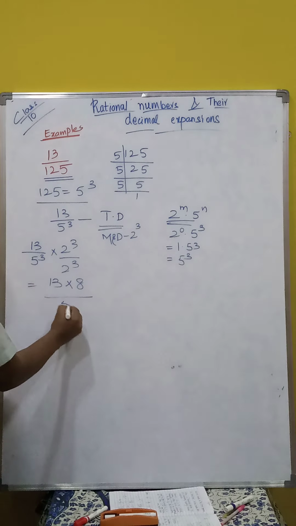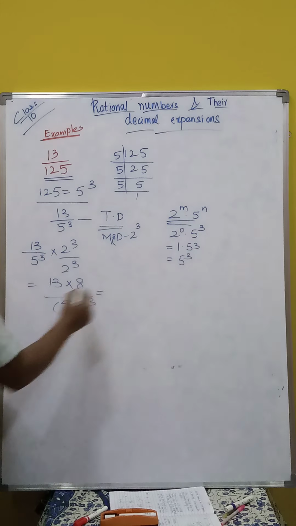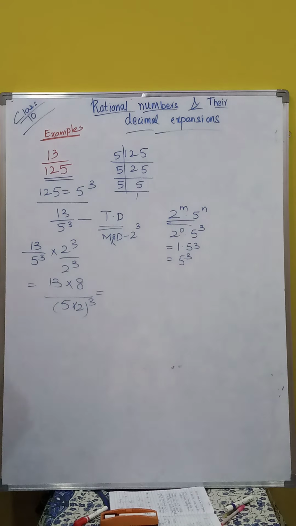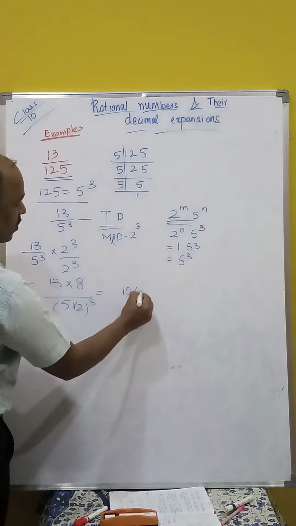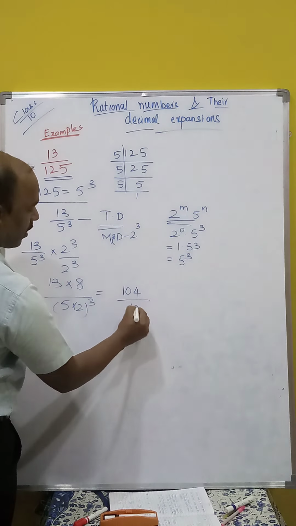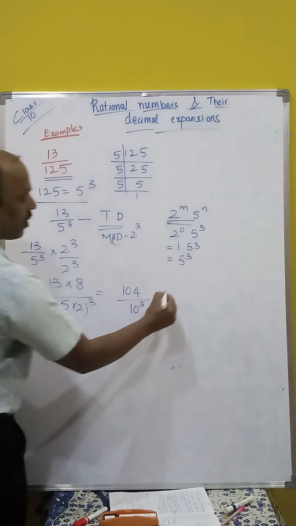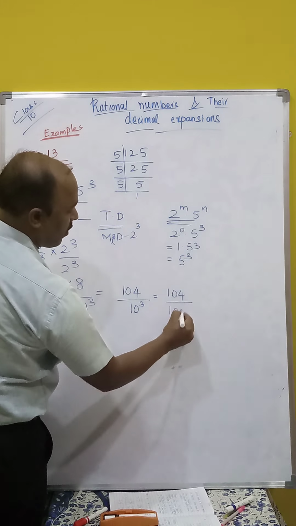Then 5 cube, 5 into 2 whole cube. 13 8s are multiply, 8 3s are 24 and it is 104. Denominator 5 2s are 10, 10 cube. 104 divided by 10 cube is 1000.